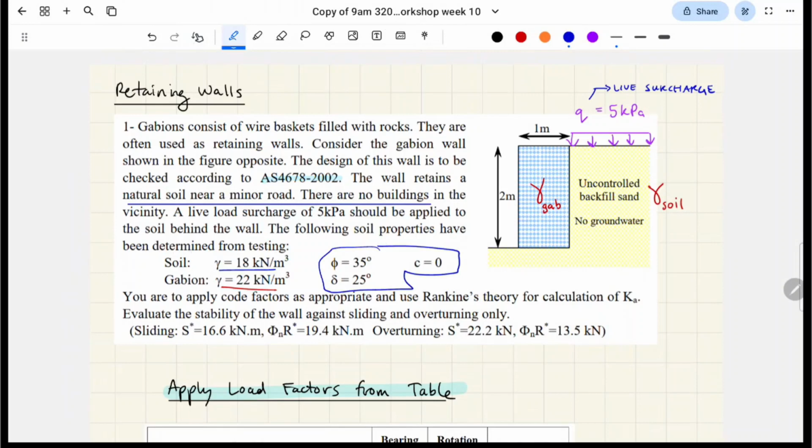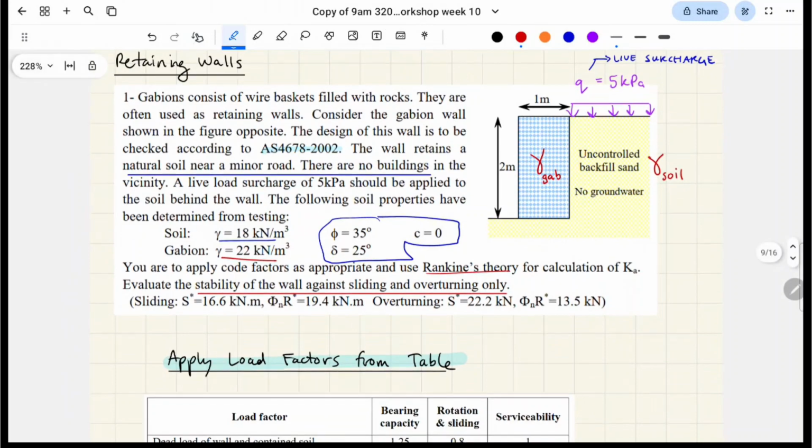We have that the friction angle is 35, the adhesion friction angle delta is 25, and the cohesion, because of sand, is 0, right? Here we go. So we need to apply all this information and use Rankine's theory and evaluate the stability against sliding and overturning, okay? So this is going to be strength design.